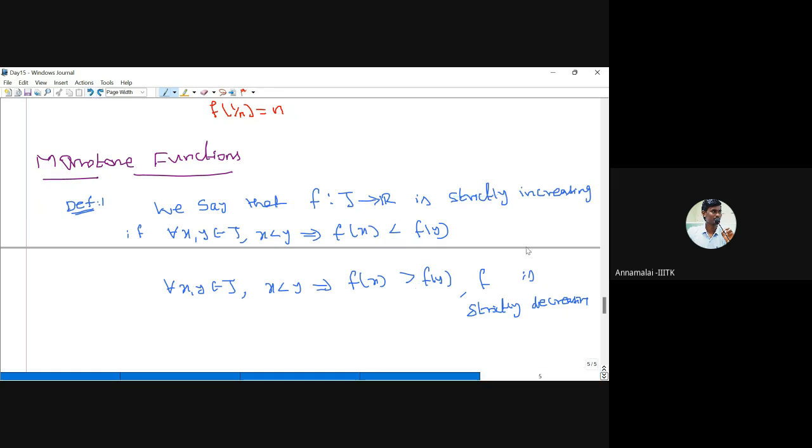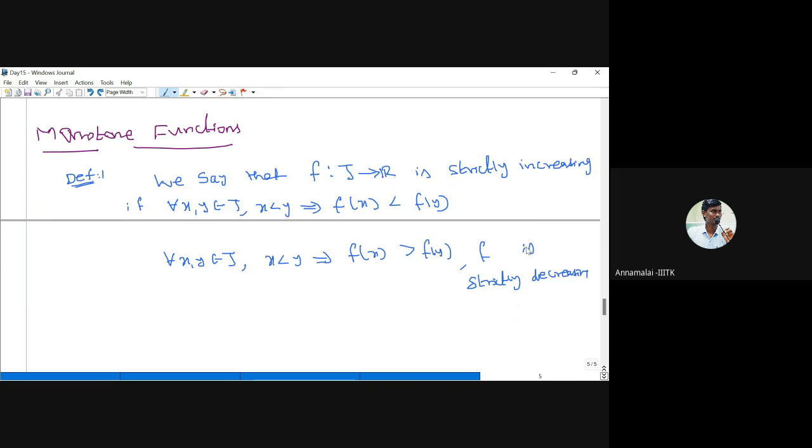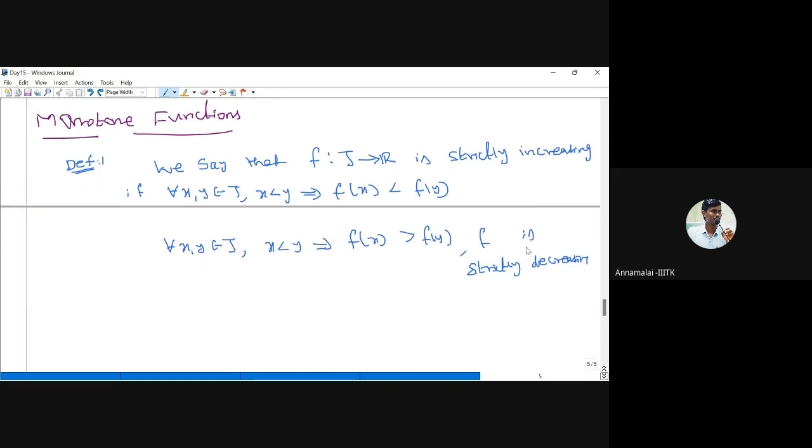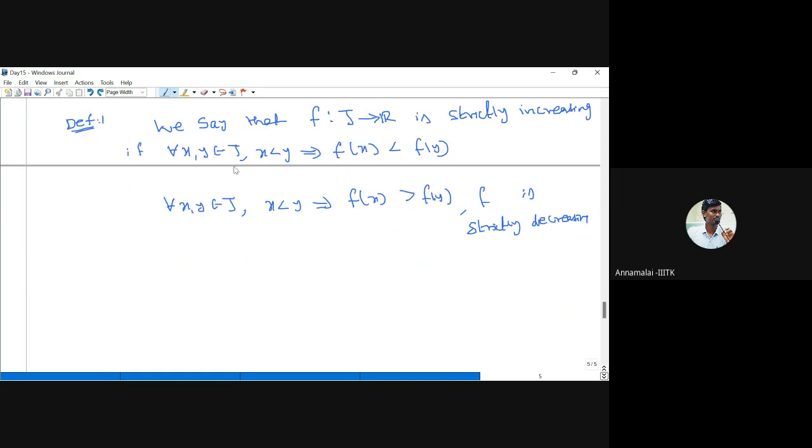Now, suppose a function is either increasing or decreasing, or either strictly increasing or strictly decreasing, then we say it's a monotone function. So a monotone function is either increasing or decreasing.